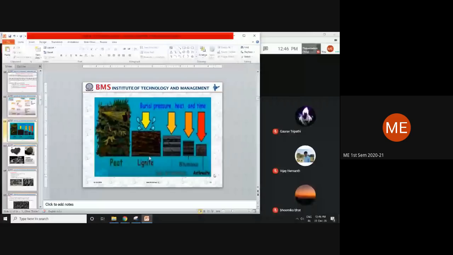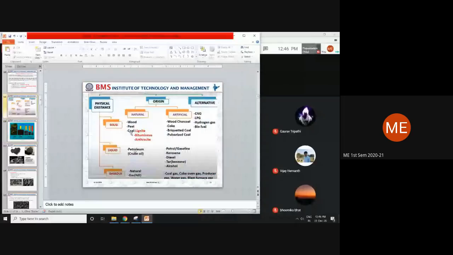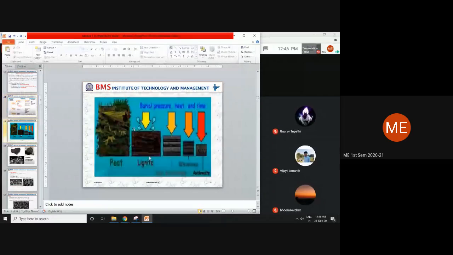See, in the figure you can see here, this coal I can classify again as lignite, bituminous and anthracite. We have discussed the peat. That is finished. Now we'll go for lignite, bituminous as coal.